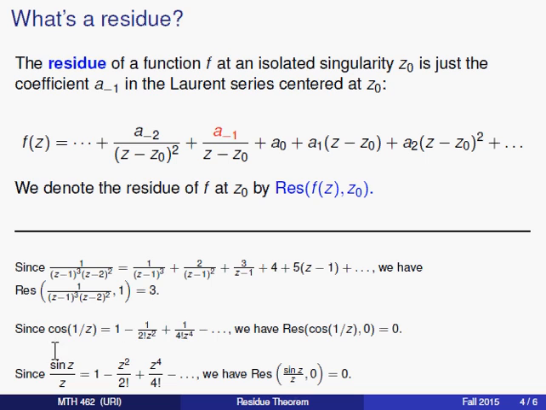And moving on to the next function, the cosine of 1 over z has a Laurent series you can find by taking the usual cosine expansion and substituting 1 over z in for z. Now the expansion will look something like this, and if we want to find the residue, remember that the residue is the coefficient that sits above z minus z naught. The singularity here is 0, and our expansion here is centered at 0.